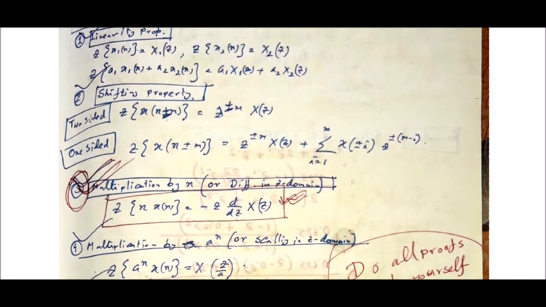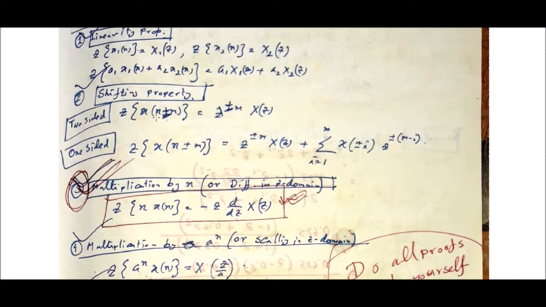Shifting property: remember that for the two-sided signal you have to remember the shifting property. If you give x[n plus or minus m], a right shift or left shift, then in the Z domain you multiply by z to the power plus or minus m. That means if your signal is shifted by plus m, a time advance x[n plus m], then its Z transform will be X(z) multiplied by z to the power plus m.